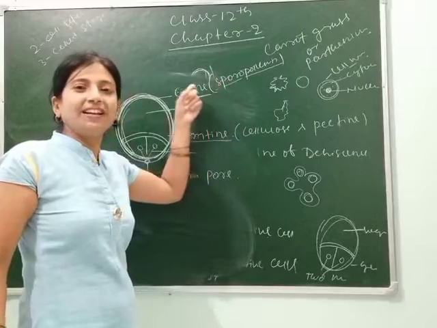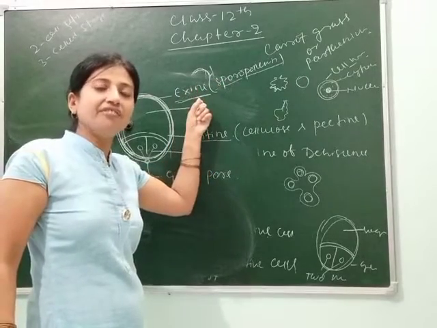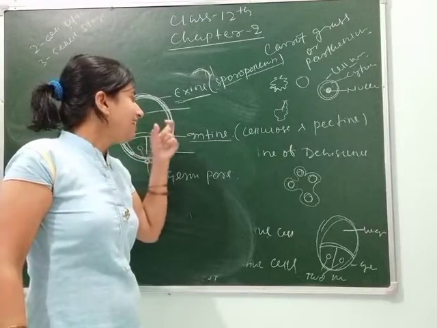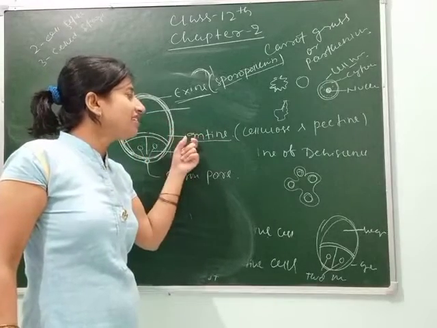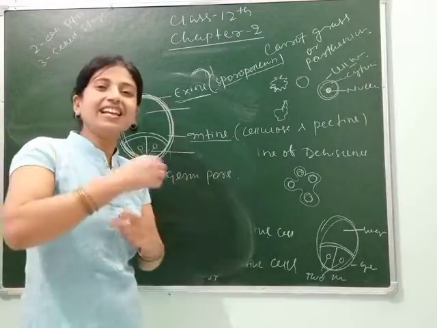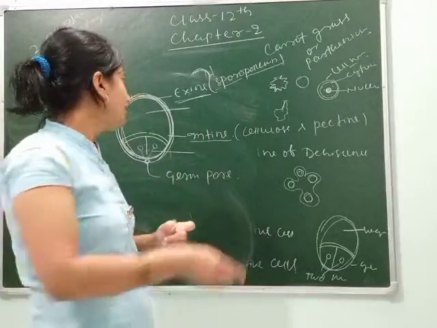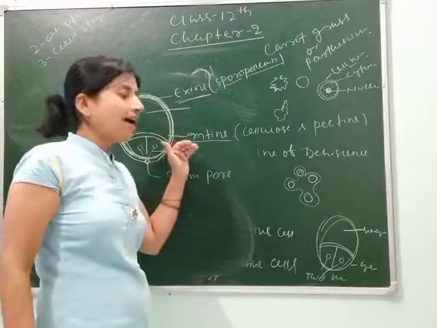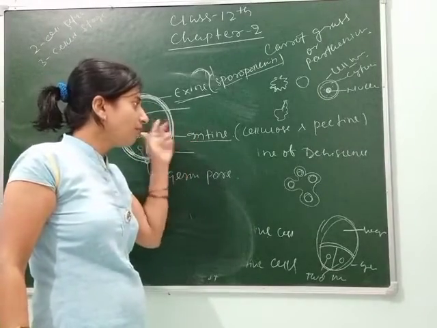Due to sporopollenin, the pollen grains remain safe and protected, and intine is the living substance, the thin layer which covers the cytoplasm of the pollen grain and is found inside it.